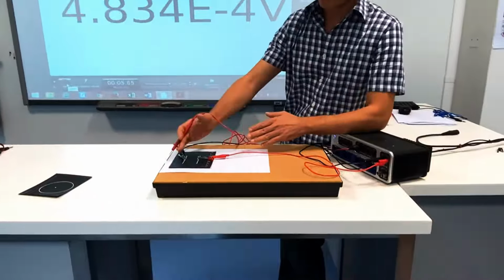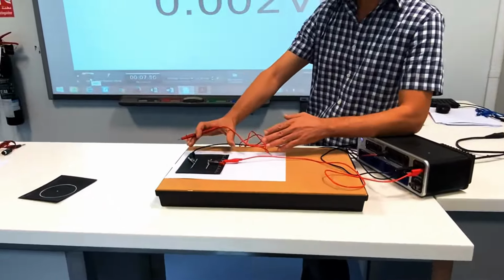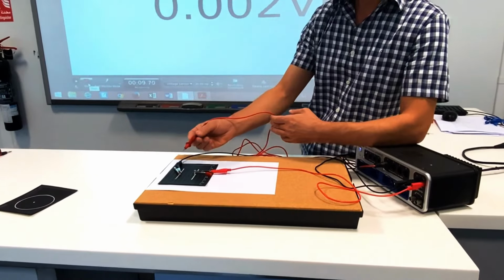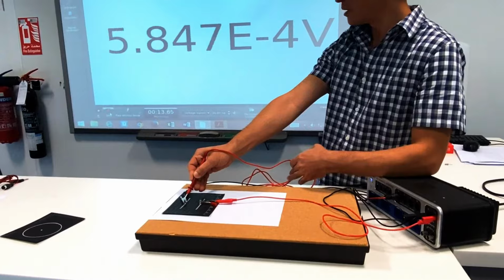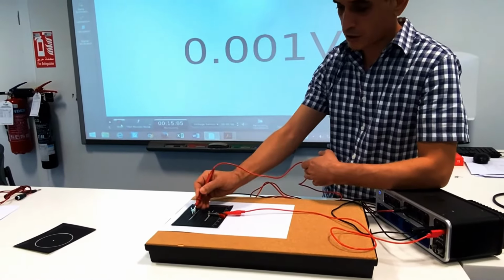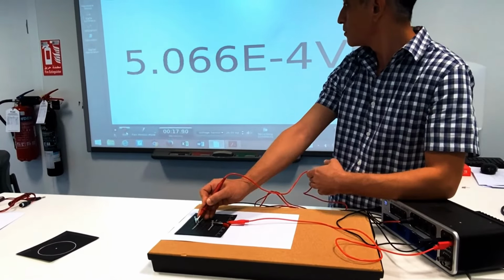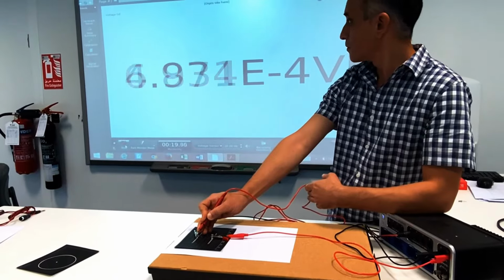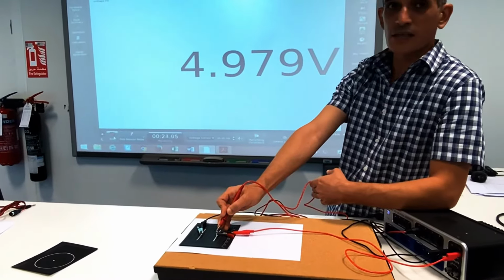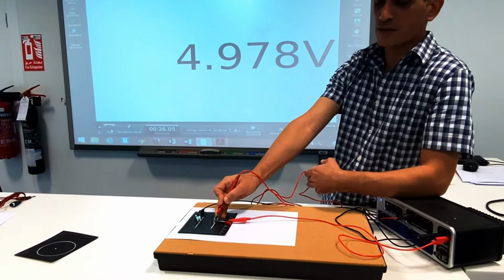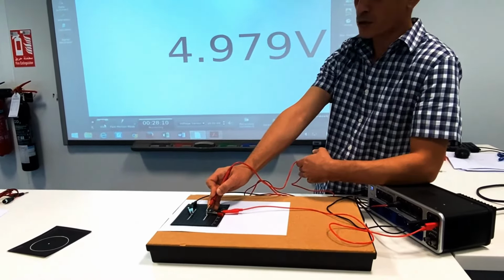I want to test the connection between the pins and the paper. To do this, I'm going to first touch the negative side with the pointer. And I'm supposed to get 0 or a very small number here. When I touch the other one, I should get 5 volts or a very close number.